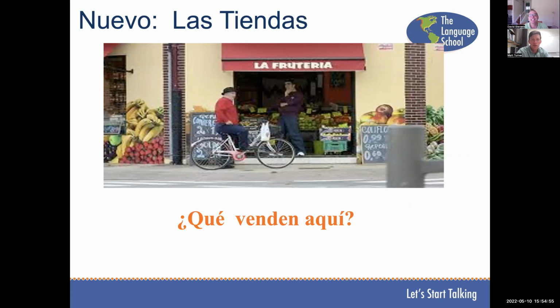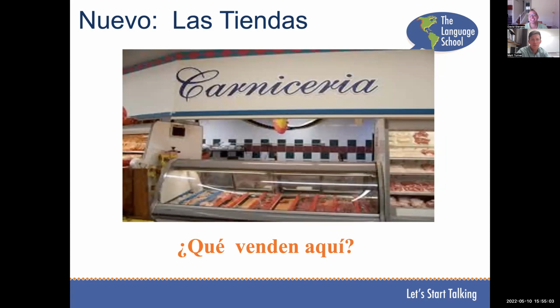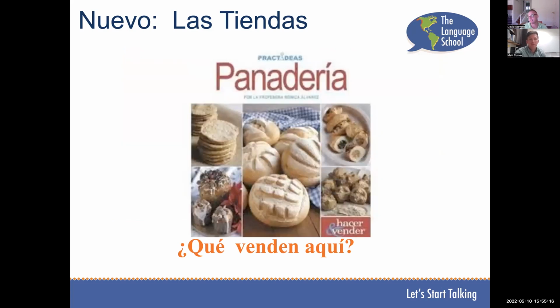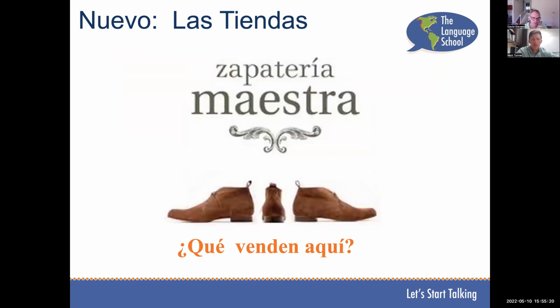Mateo, aquí tenemos la frutería. ¿Qué venden aquí? Venden frutas. Muy bien. Aquí tenemos la carnicería. ¿Qué venden aquí? Venden carne. Aquí tenemos la heladería. ¿Qué venden aquí? Venden helado. Aquí tenemos la panadería. ¿Qué venden aquí? Venden pan. ¿Qué venden aquí en la zapatería?